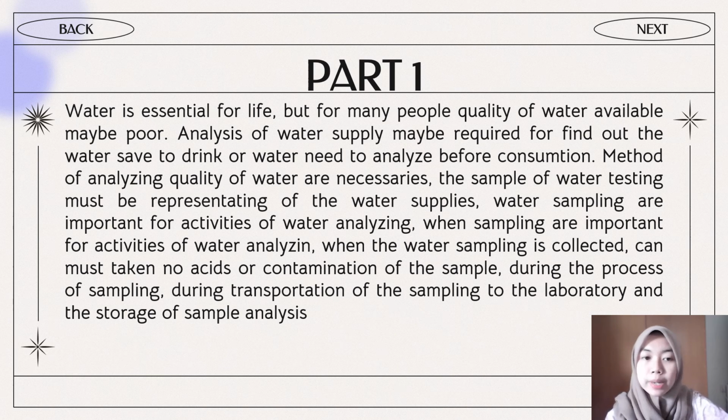Water sampling is important for water analysis. When the water sample is collected, there must be no contamination of the sample, during the process of sampling, during transportation of the sample to the laboratory, and during storage of the sample to be analyzed.